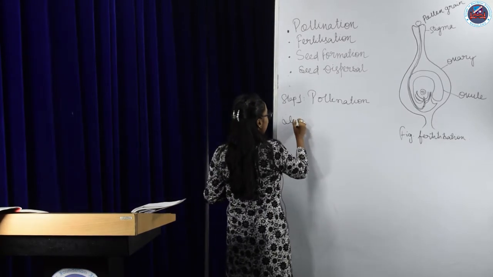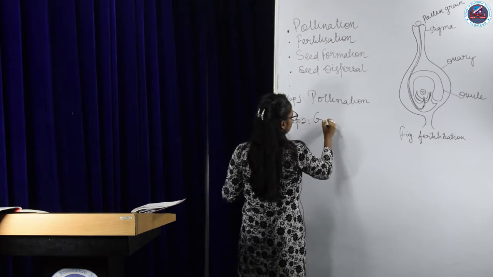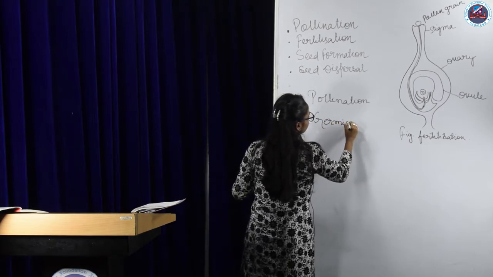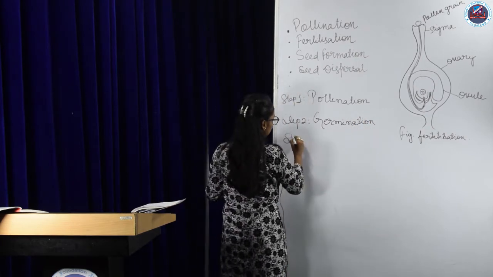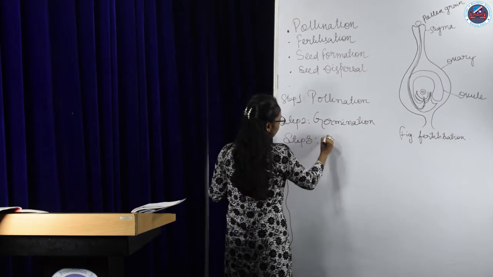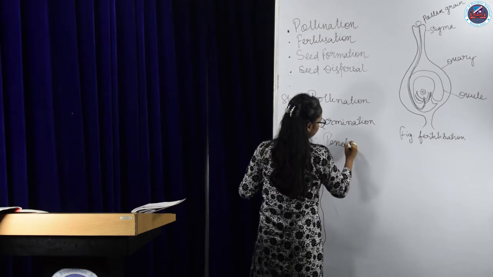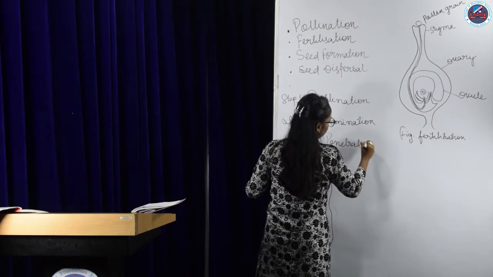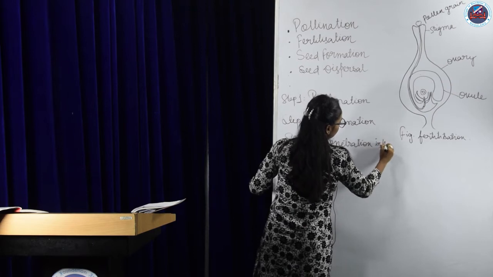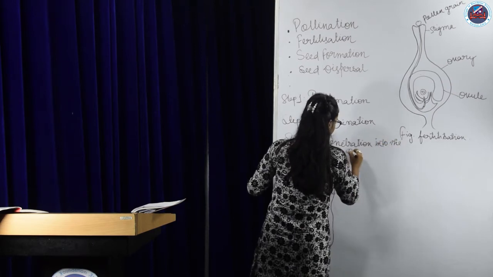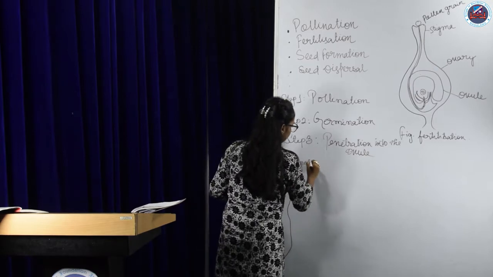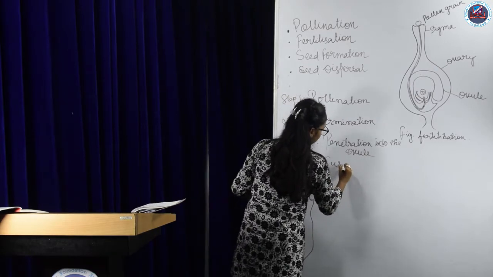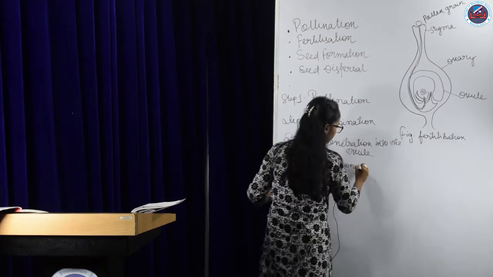The second step is germination. Then comes the third step, which is penetration into the ovule. And the last step is the fusion of the gametes, or the fusion of the nuclei.